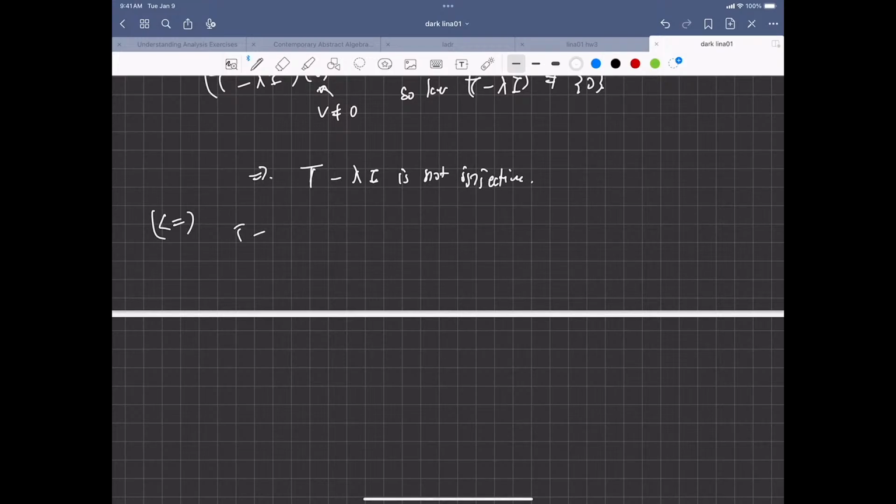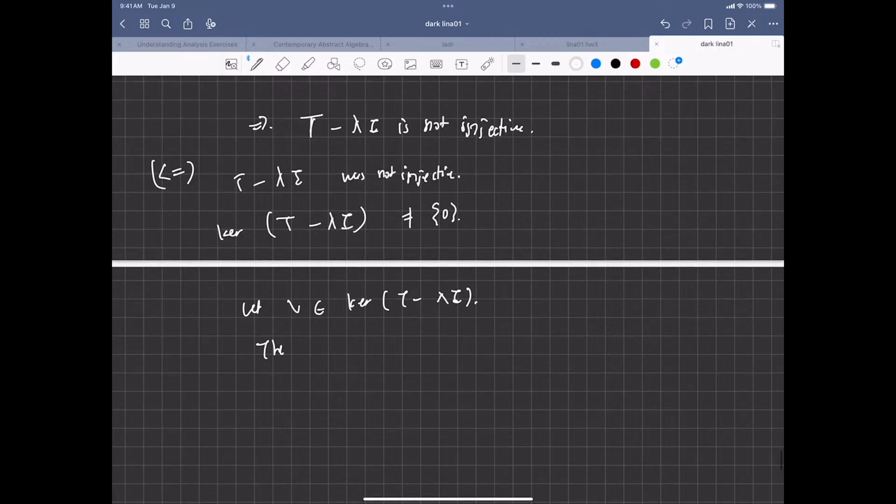Conversely, suppose that T minus lambda I was not injective. Since it is not injective, that means the kernel of this operator is non-trivial. So let v be in the kernel.